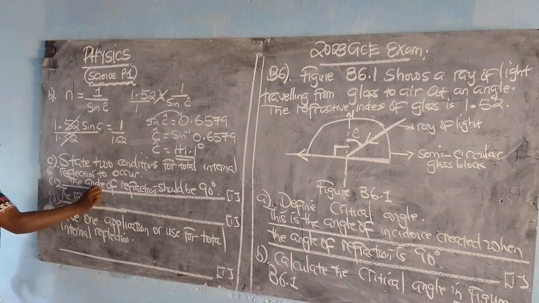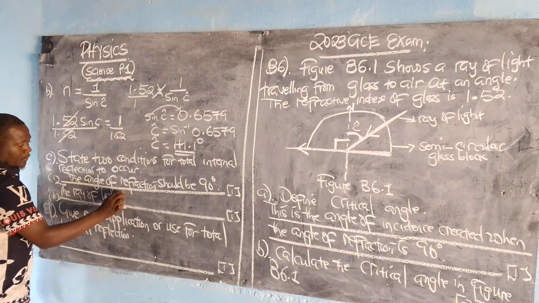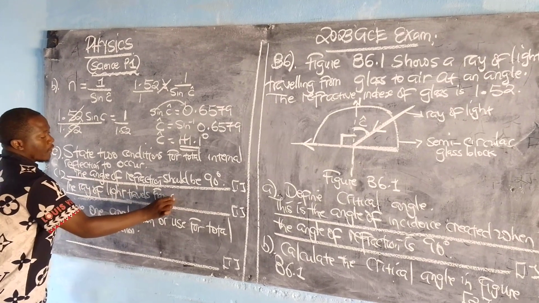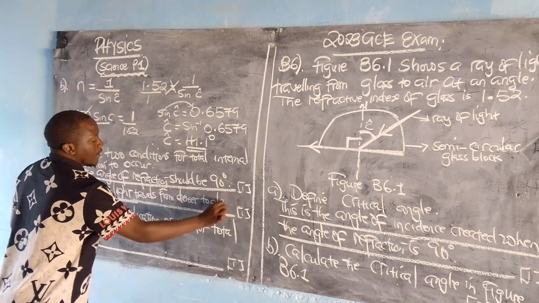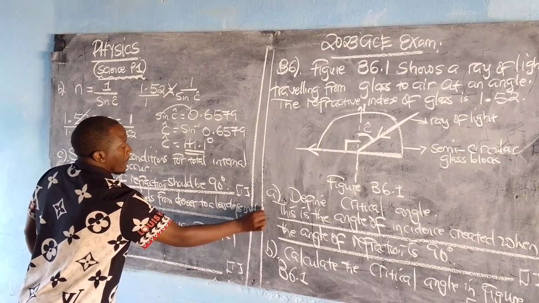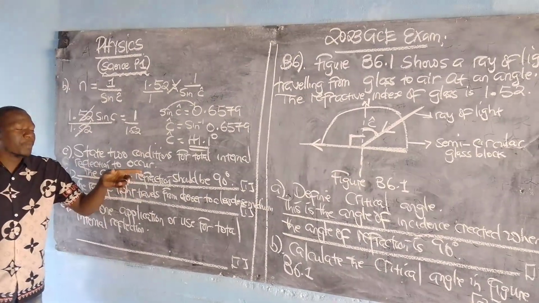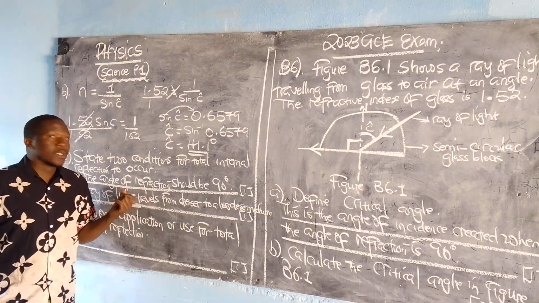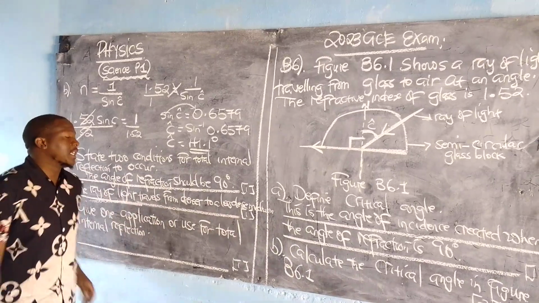The ray of light travels from a denser to a less dense medium. So the angle of refraction should be 90 degrees. The ray of light should travel from a denser to a less dense medium.